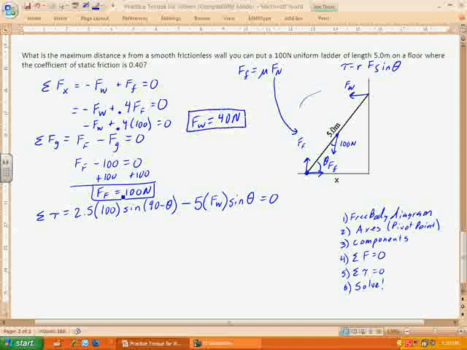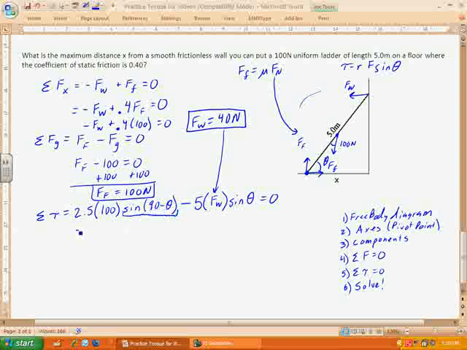We've got the force of the wall, we've got the force of the floor. Now we can put this into our torque equation, because to get that distance that we're looking for, we need to know the angle. Something I'm going to do that hopefully you guys are familiar with is, you should know that if you have the sine of an angle, then you can also take the cosine of its complement, right?